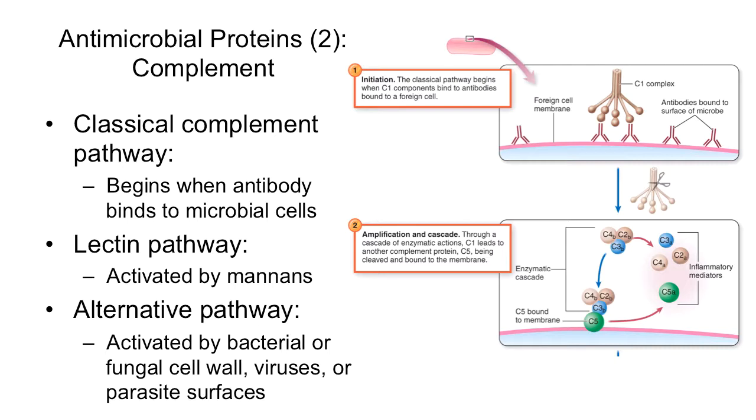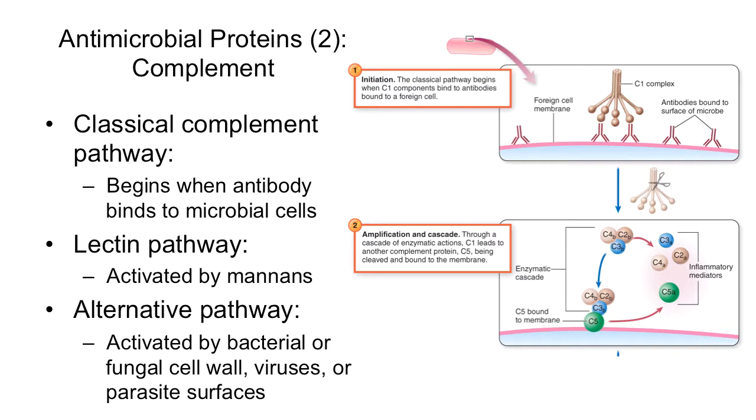So what we have over here in this slide are the three different ways in which complement can be activated. There's the classical complement pathway that begins when an antibody molecule binds to a microbial cell. There is the lectin activated pathway that is activated by mannans, which are sugars.